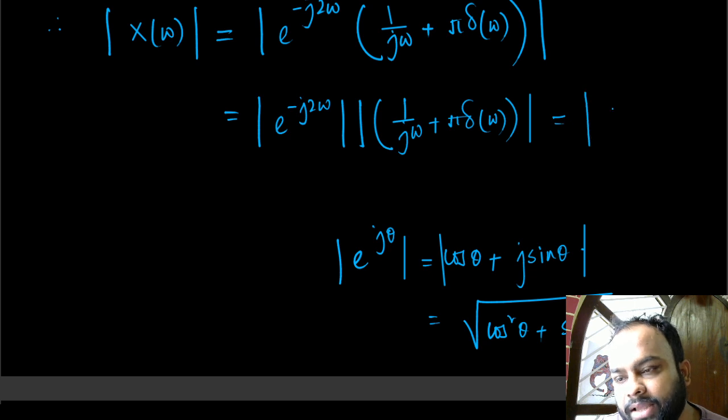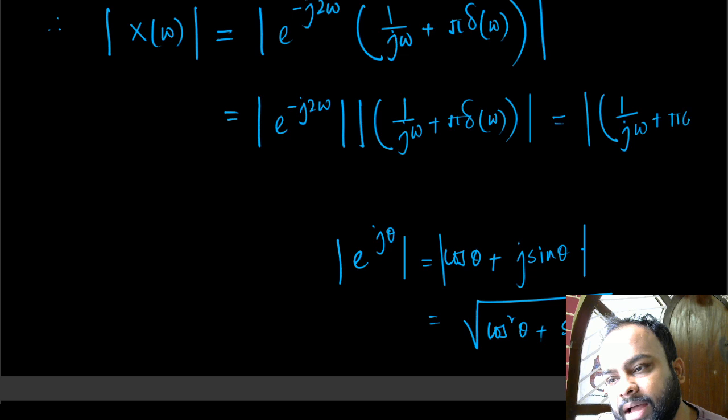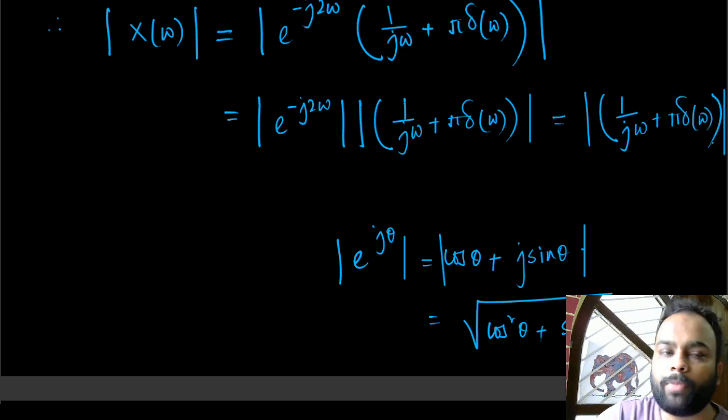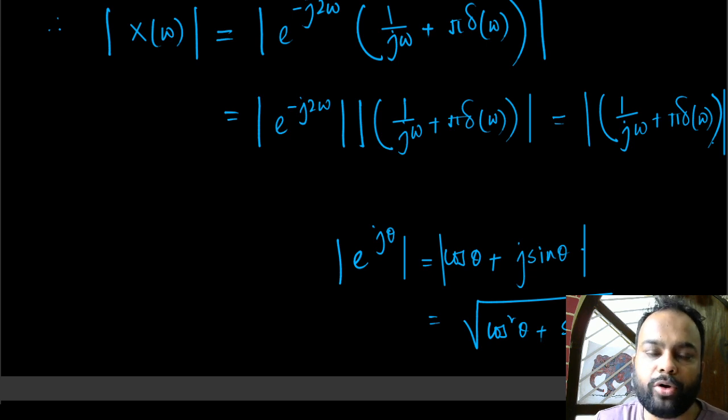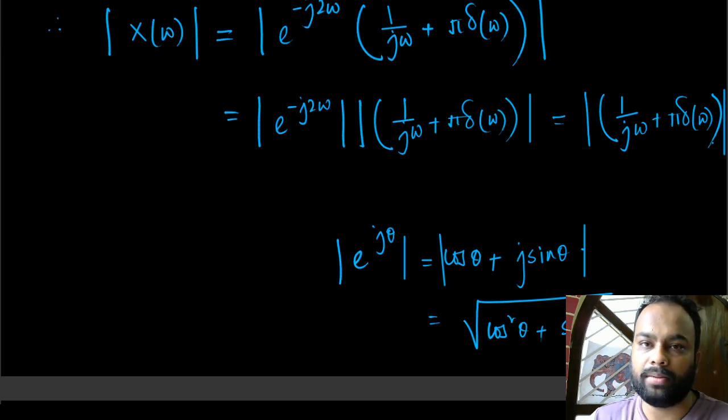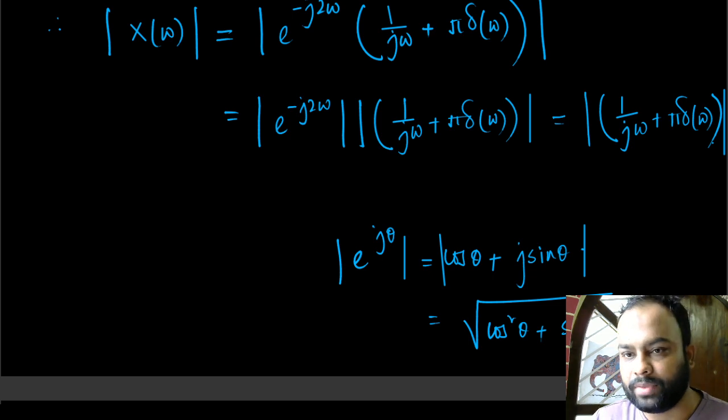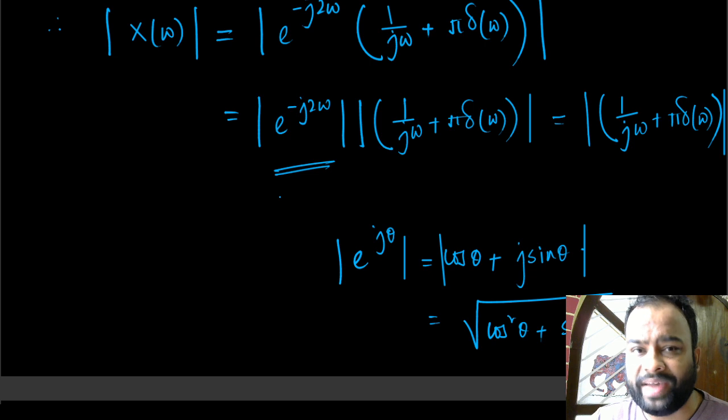So the answer is, if I am calculating the amplitude response, the amplitude response would be the same as the amplitude response of a unit step, without a delay or without an advance. Okay, so this only contributes to the phase term.